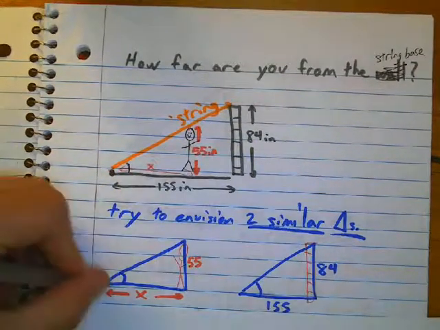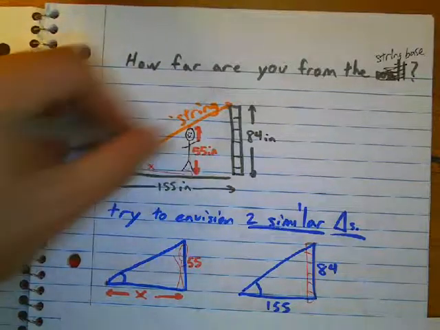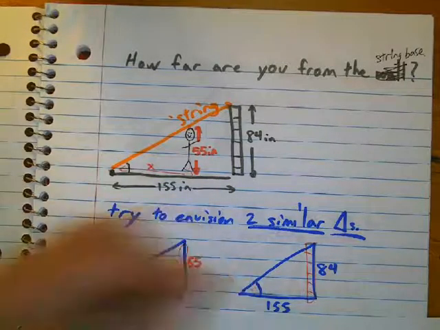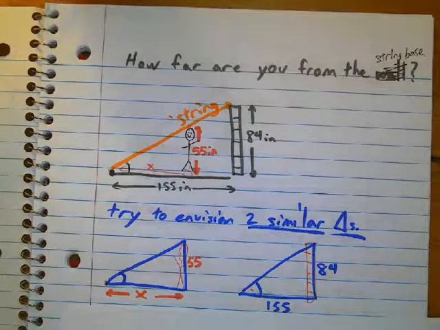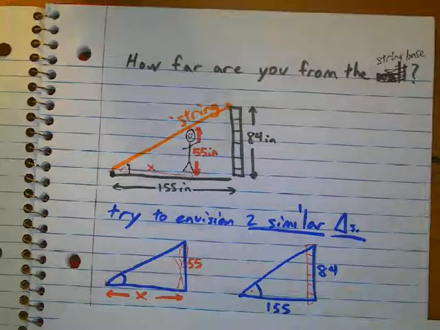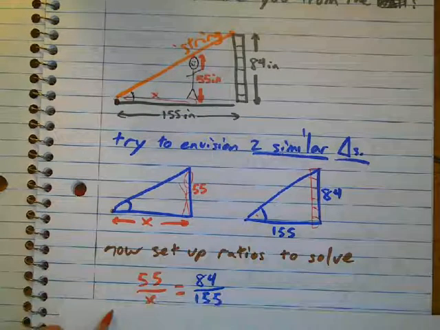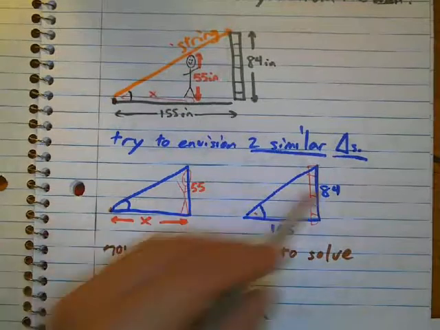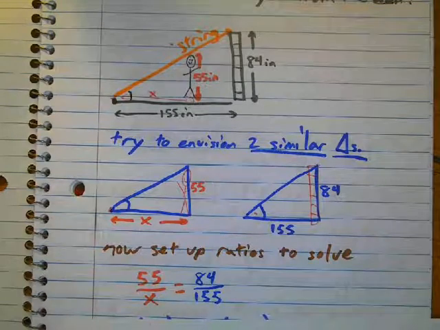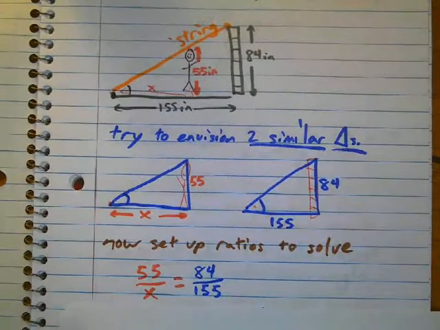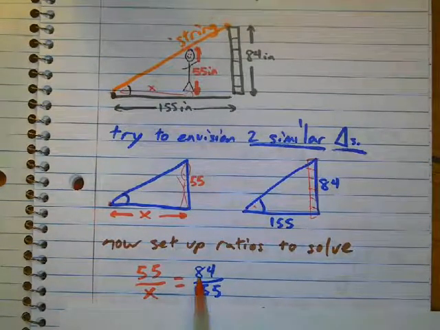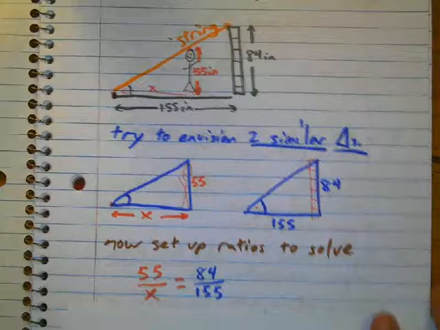And both triangles are made with the same angle here, okay? And so you can set up these ratios with 55 over x and 84 over 155, and now we can solve for x, right? We can cross multiply, you get x times 84 equals 55 times 155.